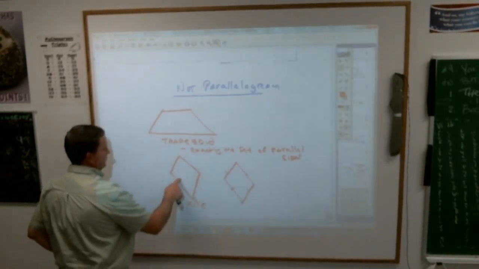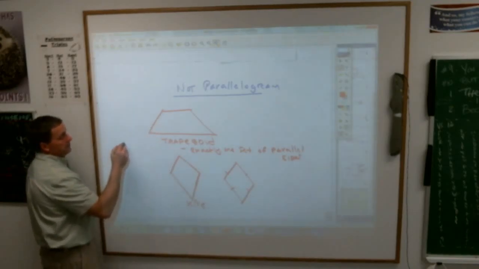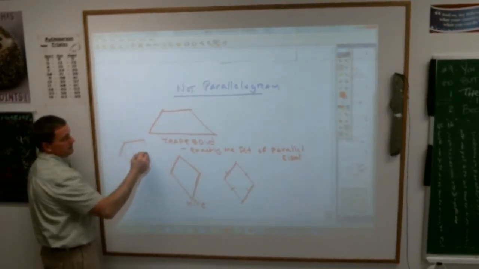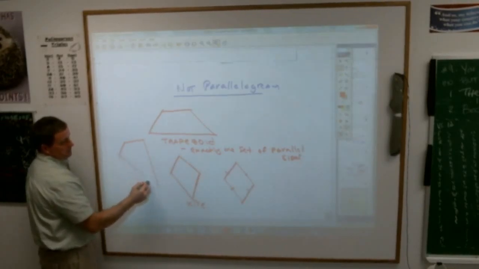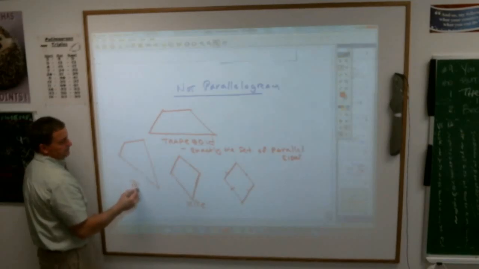I think if it's a four-sided shape and there are no parallel sides, something that looks kind of like this, jot this down because you don't hear this very often. It's a trapezium.